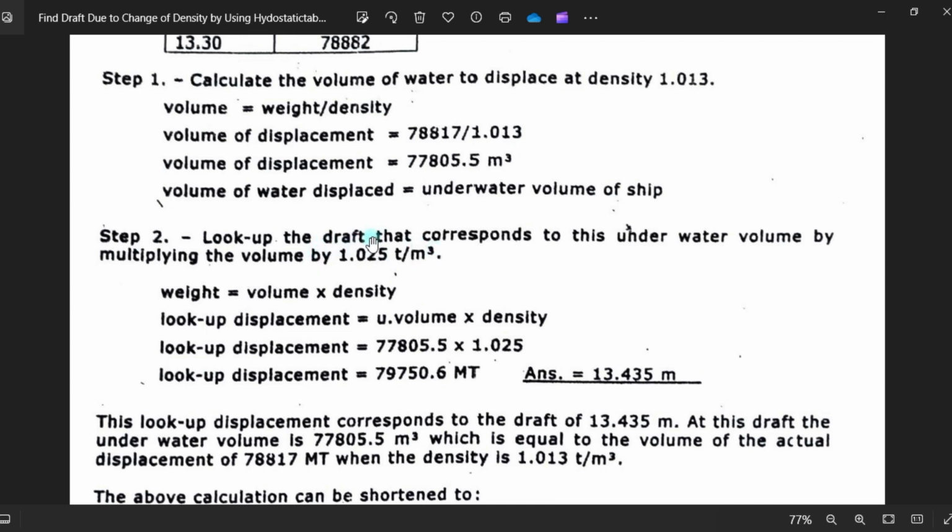So here, the lookup displacement is underwater volume times density.